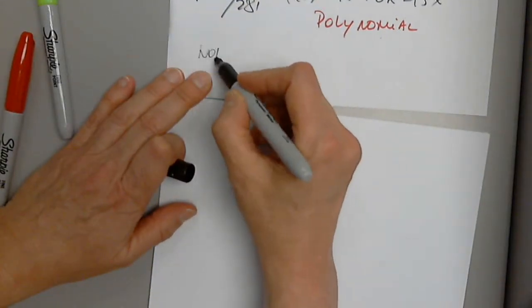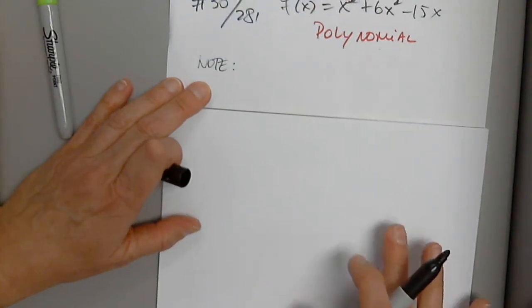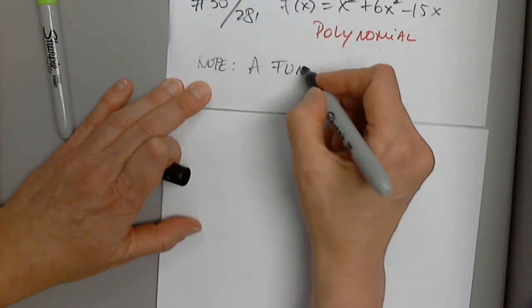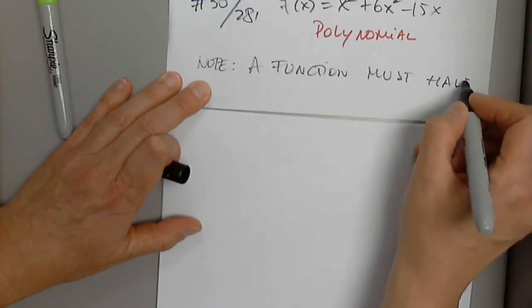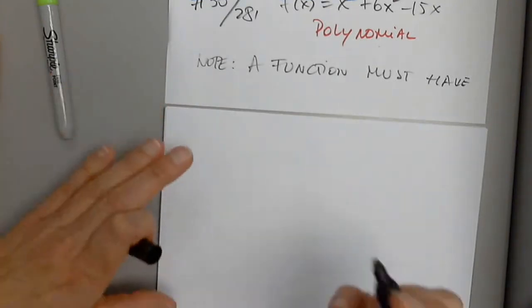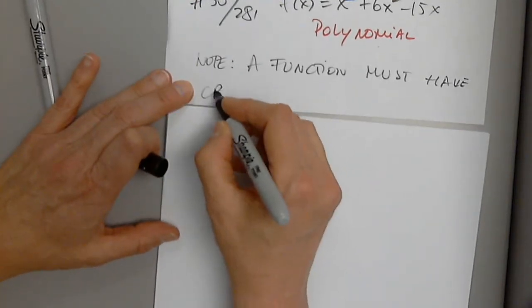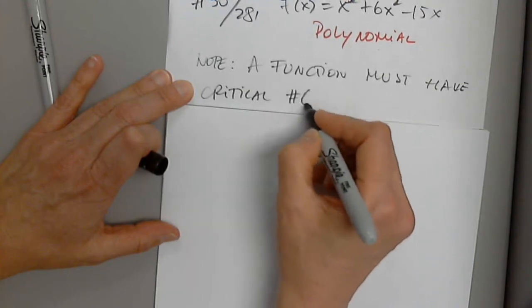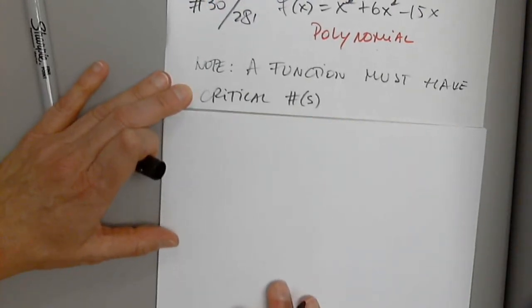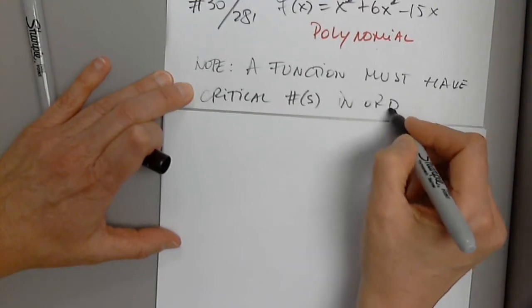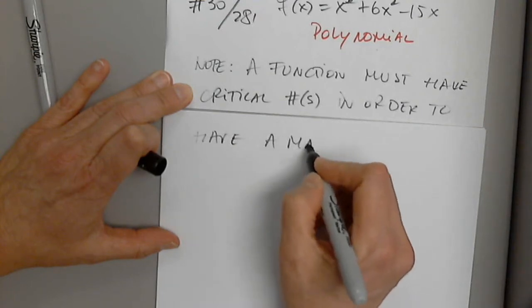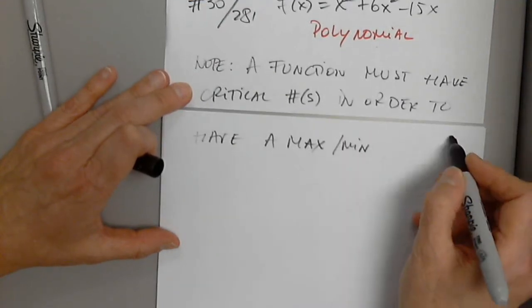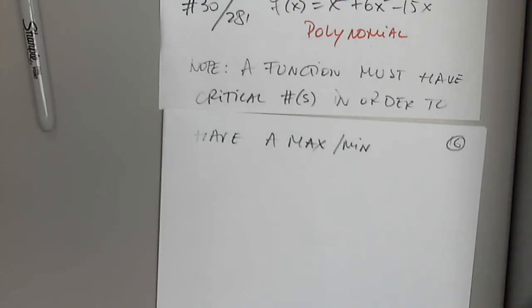So note: a function, any function, must have at least one critical number in order to have a max or a min. If it doesn't have a critical number, it will not have a max or a min.